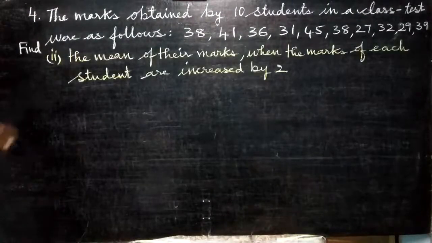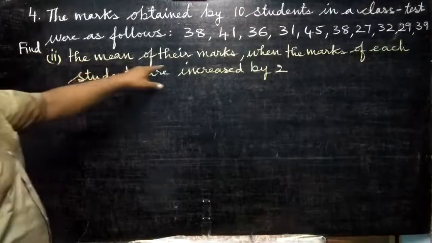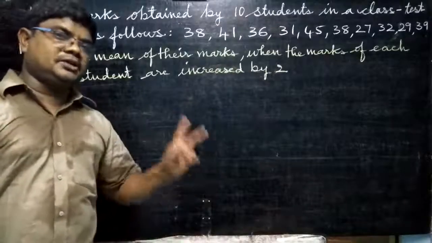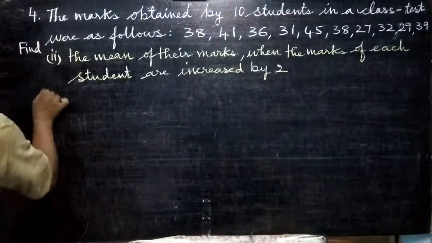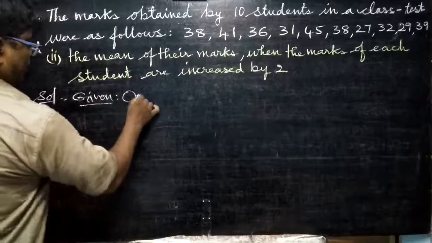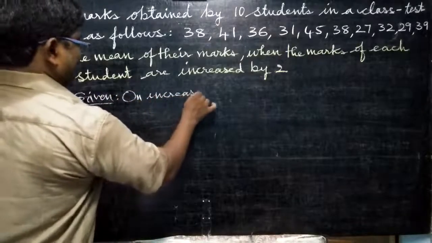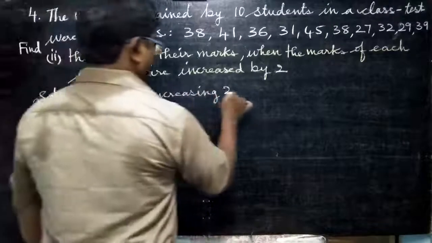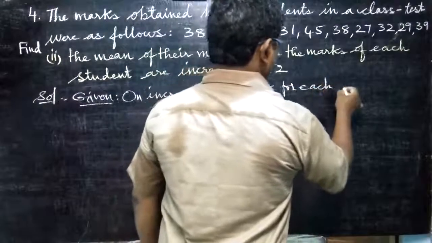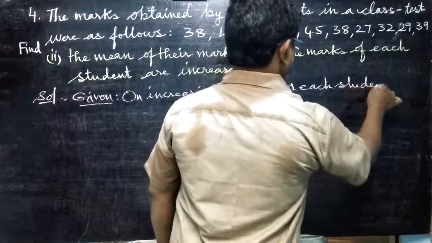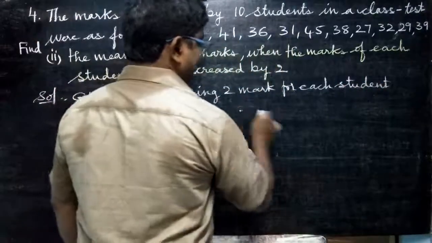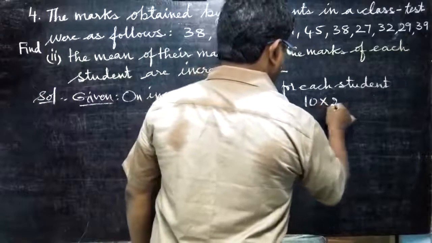Now the same problem, second bit: the mean of their marks when the marks of each student are increased by 2. Each student's marks increased by 2. So solution: on increasing 2 marks for each student. Now, how many students are there? 10 students are there and 2 marks are increased.